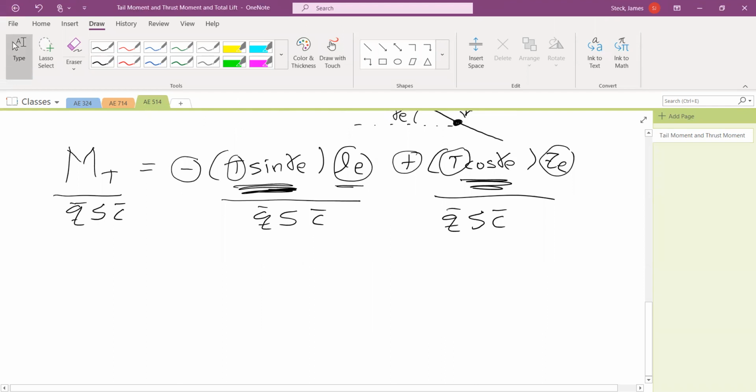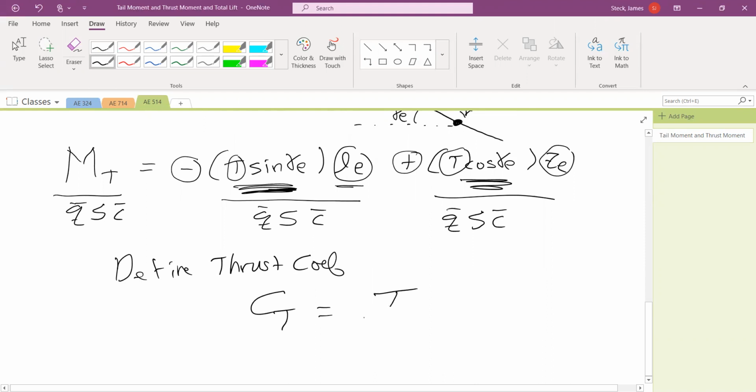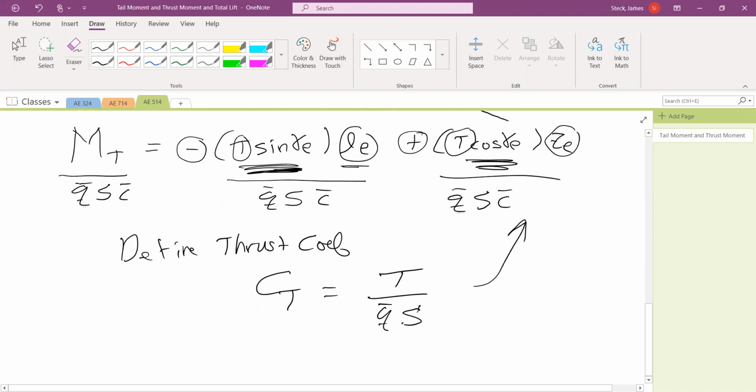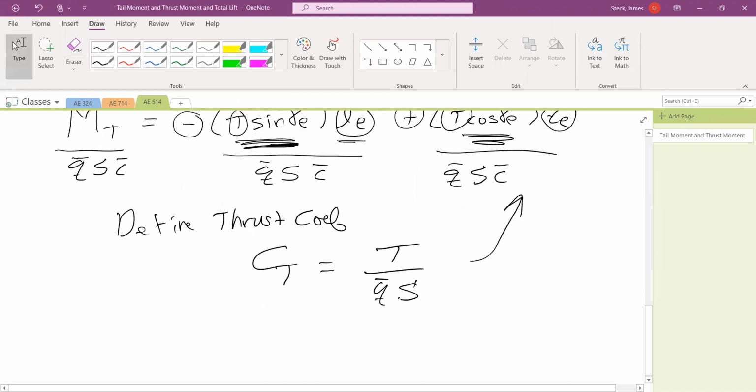And so we'll define a thrust coefficient. CT is T over Q bar S. To get this more compact, to give us a formula for the pitching moment in terms of coefficients.